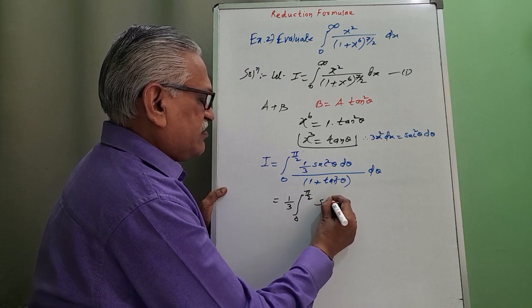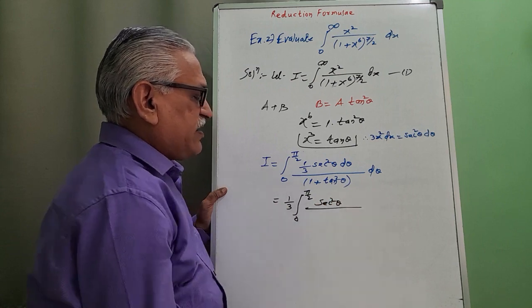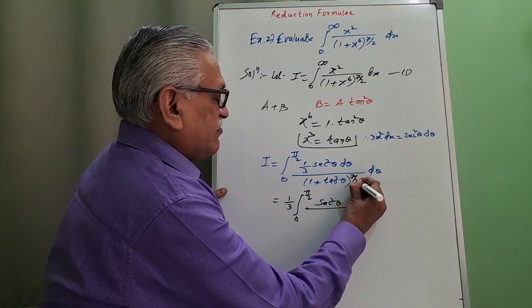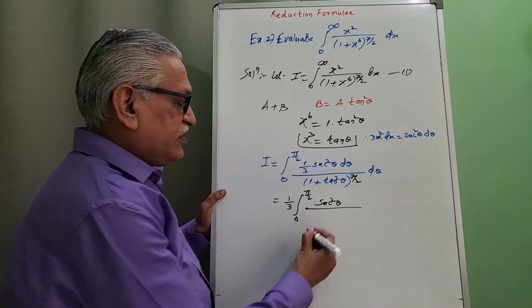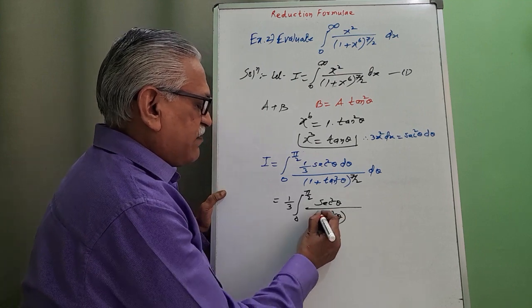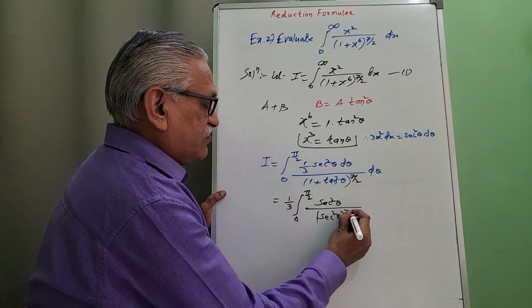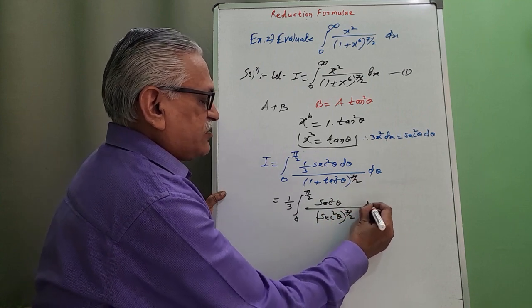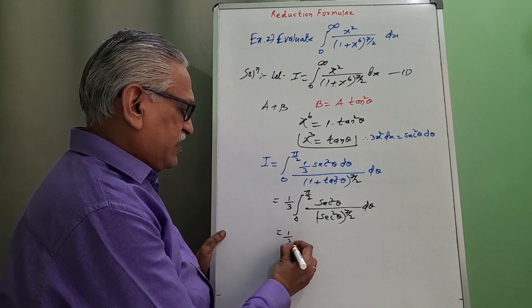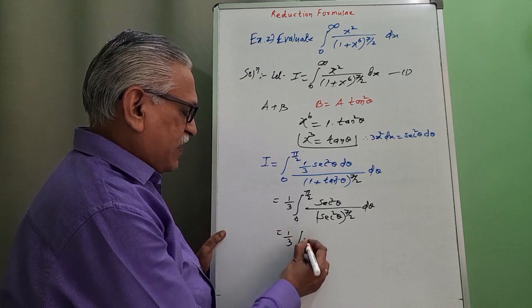secant square theta divided by 1 plus tan square. 1 plus tan square is secant square theta, and that bracket raised to 7 by 2, and then its integration with respect to theta. And therefore simplifying it, we get 1 by 3 integration from 0 to pi by 2.